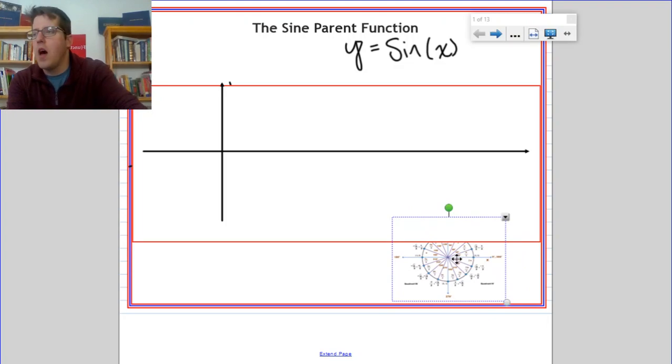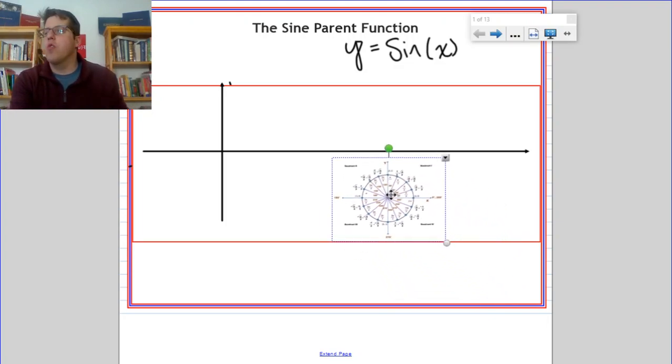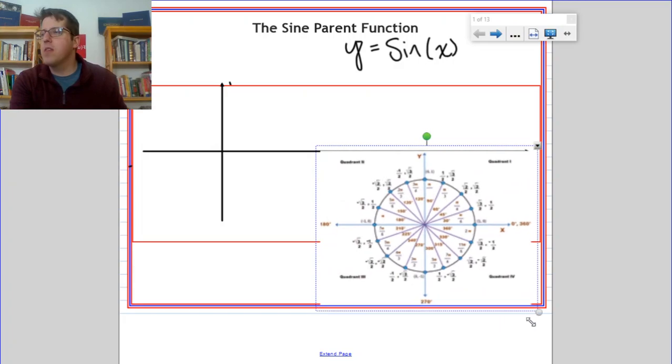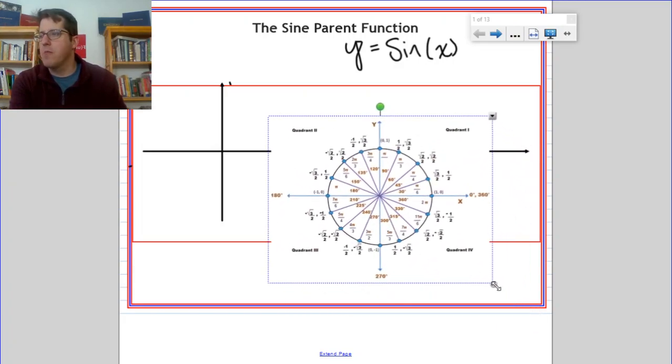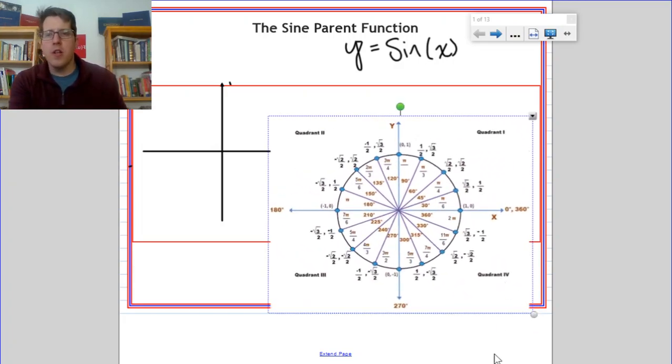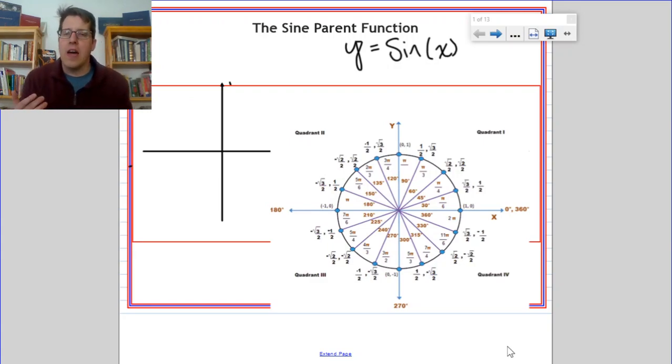So I'm going to look at a unit circle real quick, and I'm going to think about what's the biggest thing the sine can be, what's the smallest thing. This can get a little confusing because the sine is the y coordinate on the unit circle, but it's also the y coordinate on our graph.